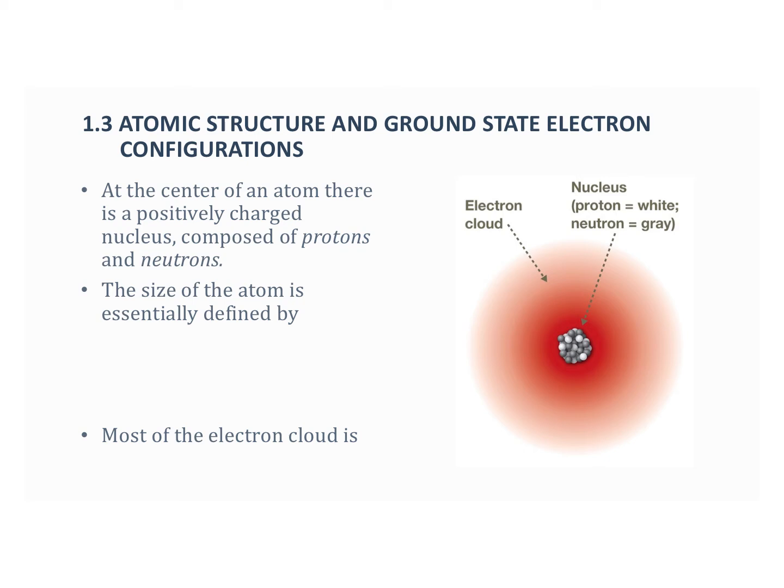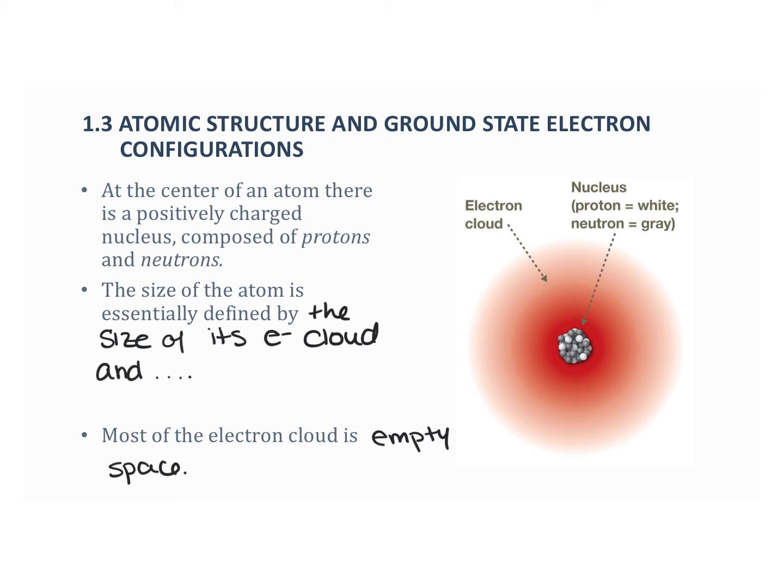Basically, what we know is that the size of the atom is essentially defined by the size of its electron cloud, and most of the electron cloud is empty space because the electrons are so small. So electrons are small, but they can move in this relatively large space around the atoms.